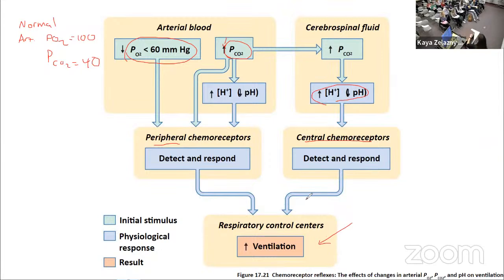So if you have way too little oxygen, you're going to want to speed up breathing, because you're going to want more oxygen. But the most important thing is that if you start to have too much carbon dioxide, you want to immediately speed up breathing so you can breathe off that excess carbon dioxide, because excess carbon dioxide is particularly dangerous.